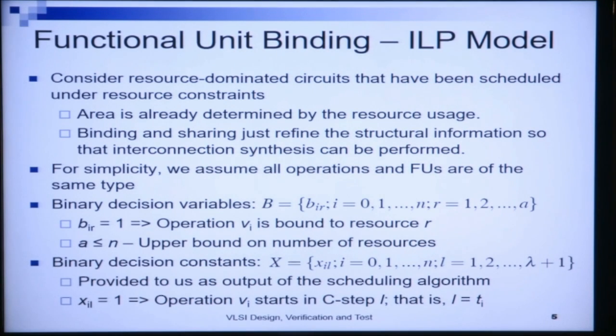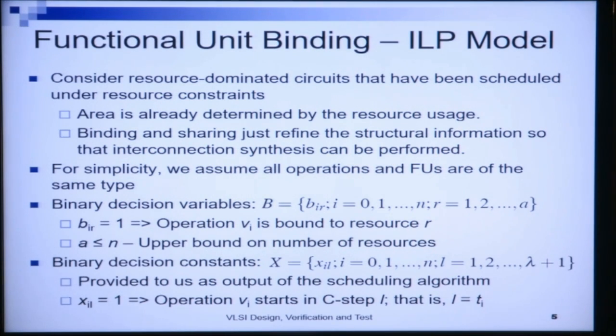Now, because we have already conducted scheduling, the decision variables that I had for scheduling have now become decision constants. These x's have now become decision constants. What do these x's tell me? These x_il give me the start times of operation i.